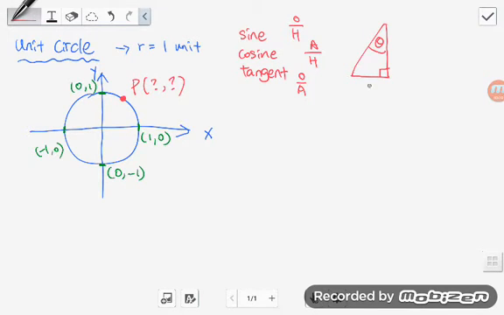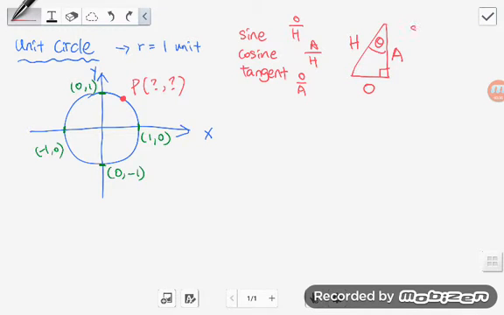So for this angle, my opposite side is here, my adjacent side is there, and my hypotenuse will be there, right? The hypotenuse is always kind of across from your right angle side, right? So the hypotenuse is always the longest side, or you can think of it as the side that is opposite from the right angle side.